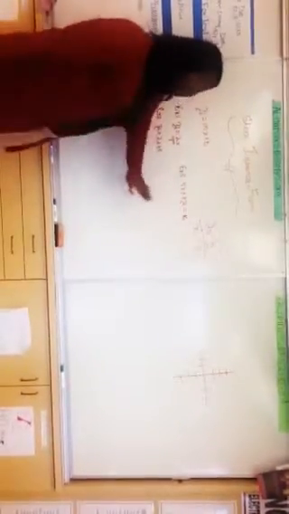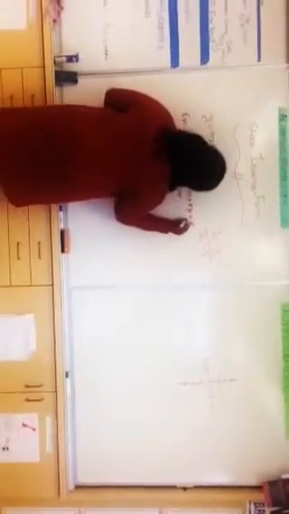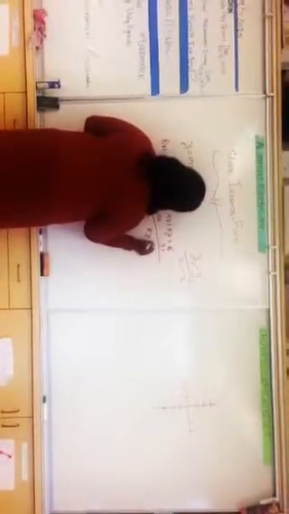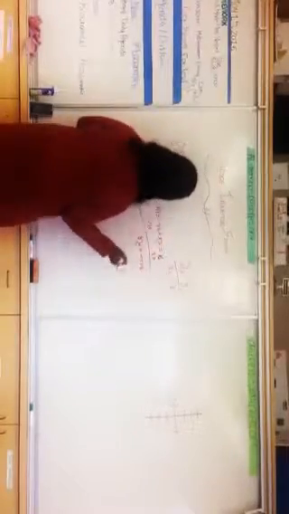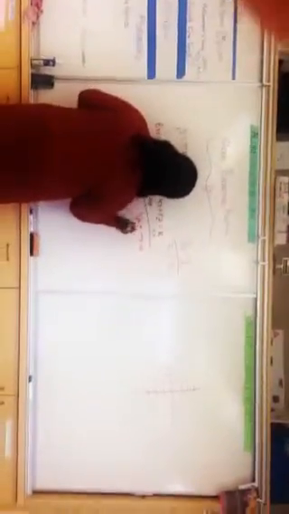You have to get y by yourself. So first you're going to subtract 4x on both sides, which will give you 8y equals negative 4x plus 16. In order to get y by itself, you have to divide by 8. So you divide both sides by 8.